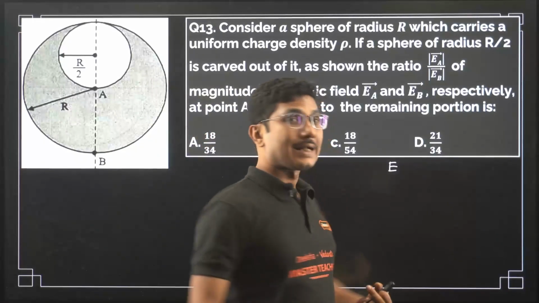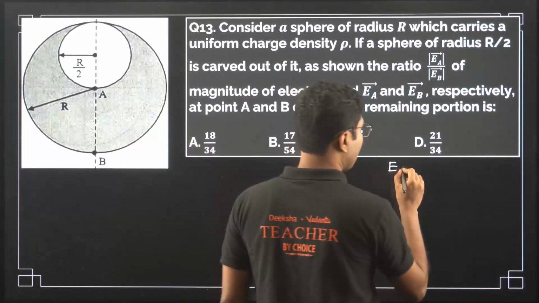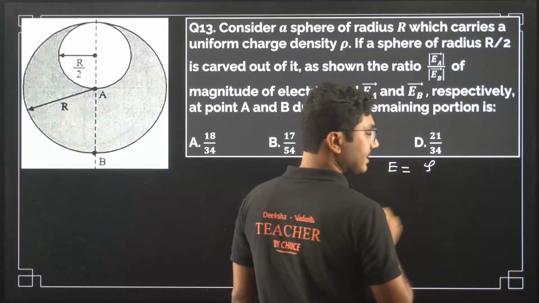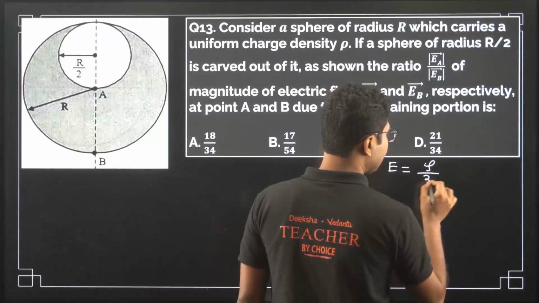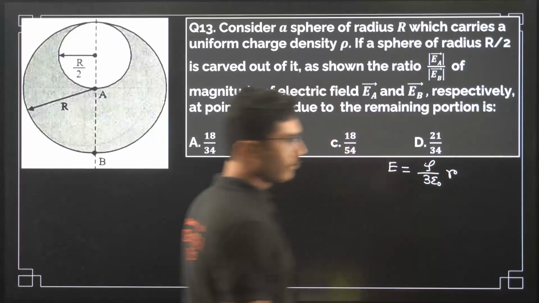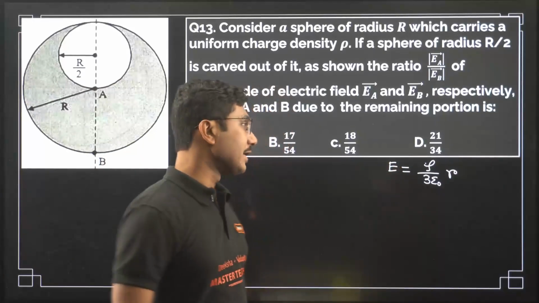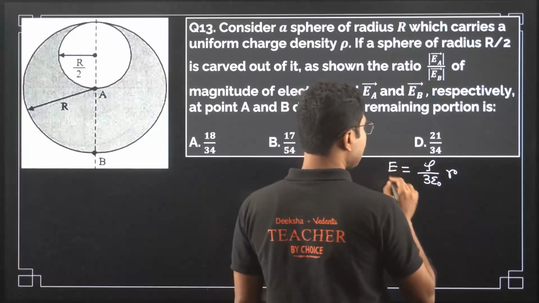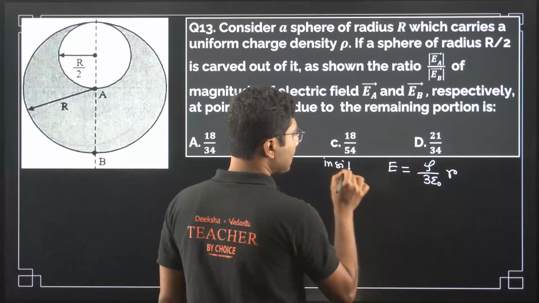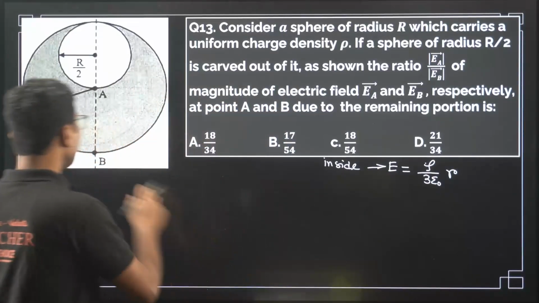If it is not conducting, then you have to use this formula. What is this formula? It is the charge density divided by 3 epsilon naught into small r. We are going to use this formula for all points inside the sphere, up to the surface.